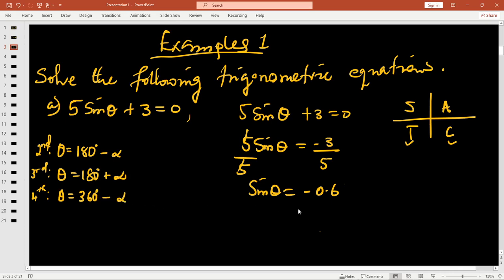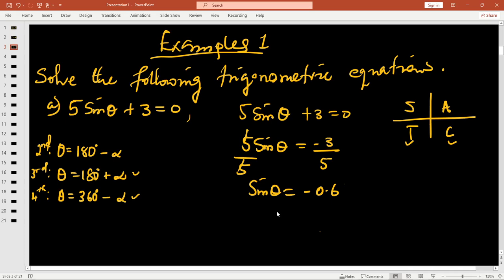Now, when you look at what we have here, sine theta is equal to negative 0.6. This simply tells us that the angle theta is going to have solutions that come from the quadrants where the sine function is negative. So we're going to use these two expressions for the two answers that we need.